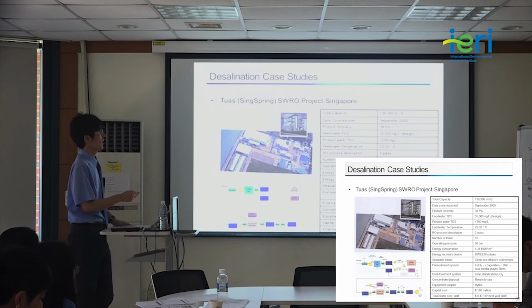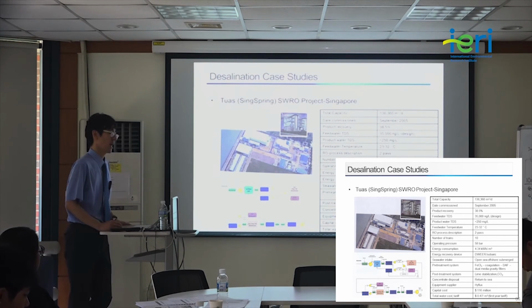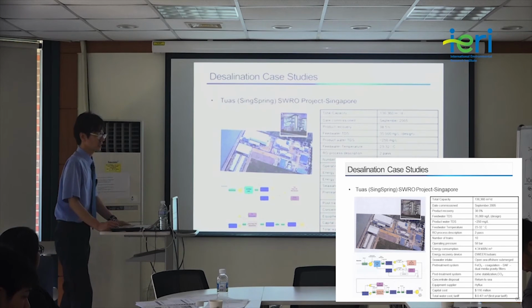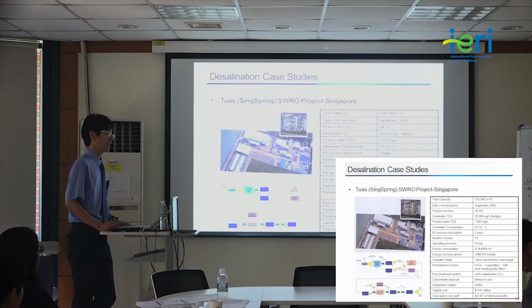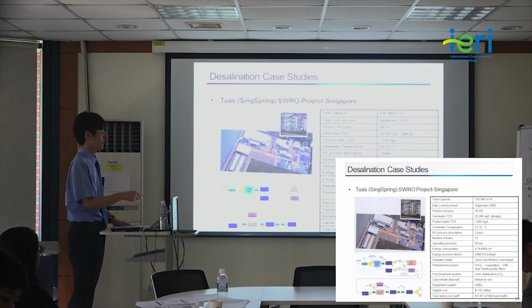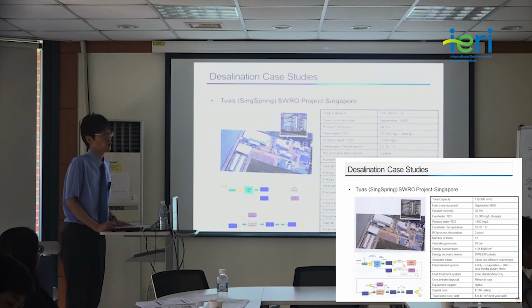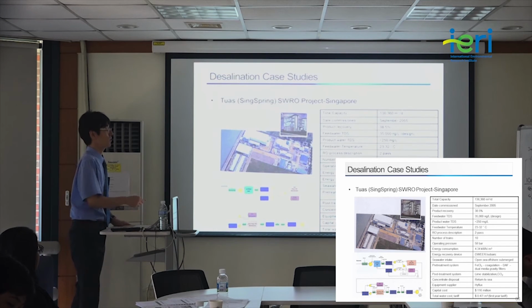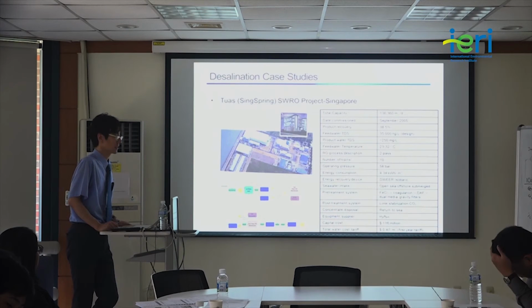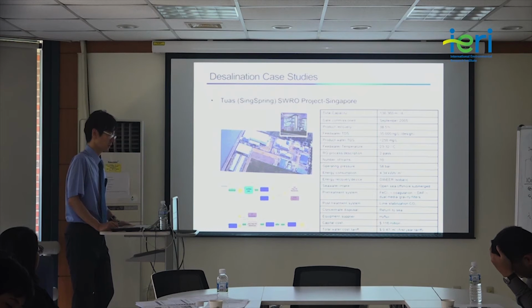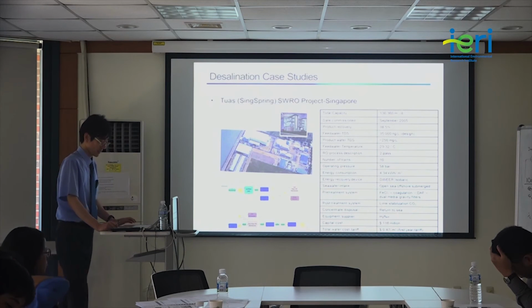But anyway, their energy consumption was slightly larger, but due to well-planned financing and other engineering aspects, they reported a lower water cost. So it's almost similar, but they claim this water cost of 0.47 US dollar per cubic meter of fresh water.